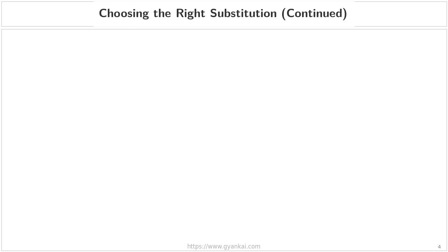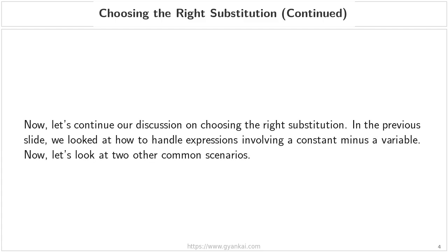Choosing the right substitution, continued. Now, let's continue our discussion on choosing the right substitution. In the previous slide, we looked at how to handle expressions involving a constant minus a variable. Now, let's look at two other common scenarios.